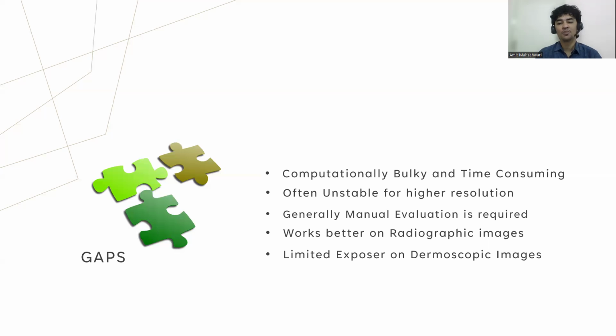But when it comes to RGB images, for example the ISIC dermoscopic images, which are color images, as the number of channels goes high, the performance decreases in general. A grayscale image has one channel, while an RGB image has three channels. And of course, dermoscopic images are less explored in GAN research.